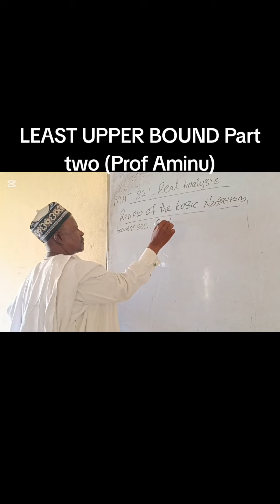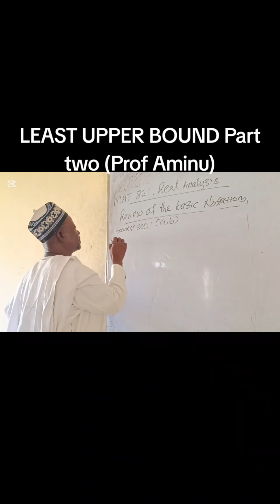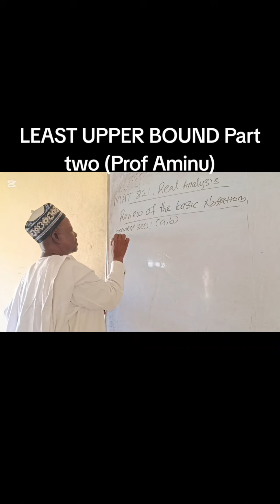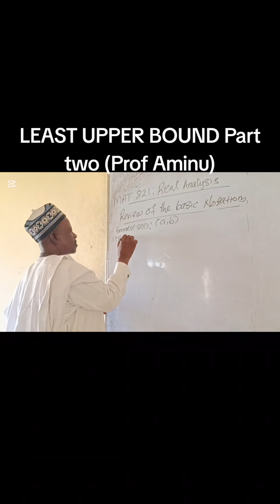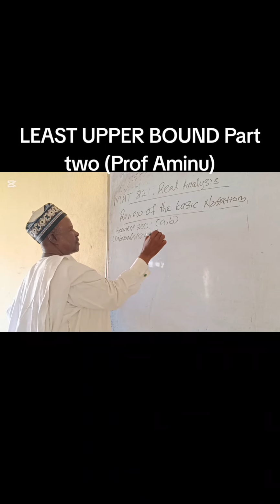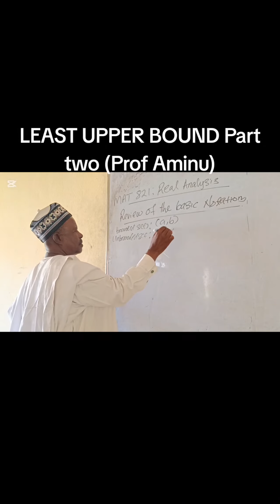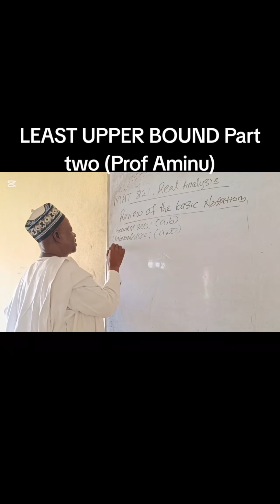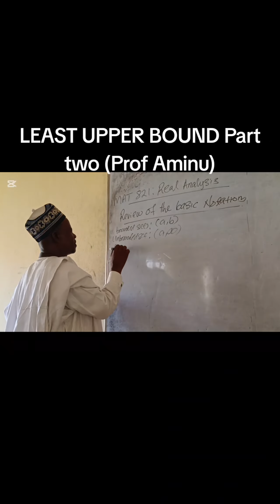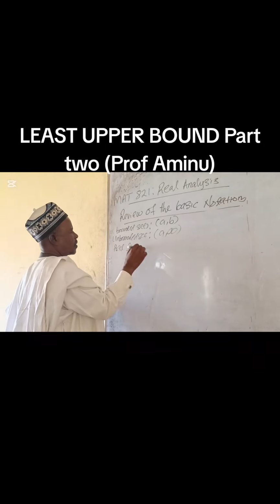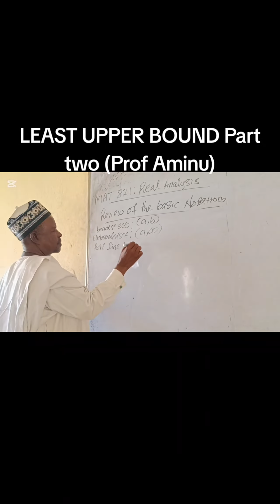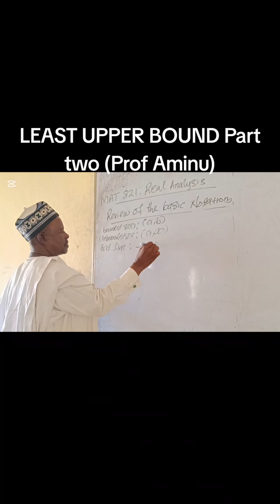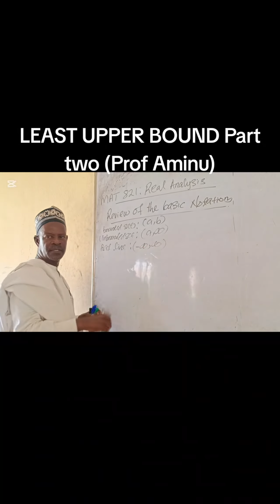Like the one we gave, example (a, b), isn't it? We say unbounded. We give example (a, infinity), isn't it? We say real line. We say it's from minus infinity to infinity, isn't it?